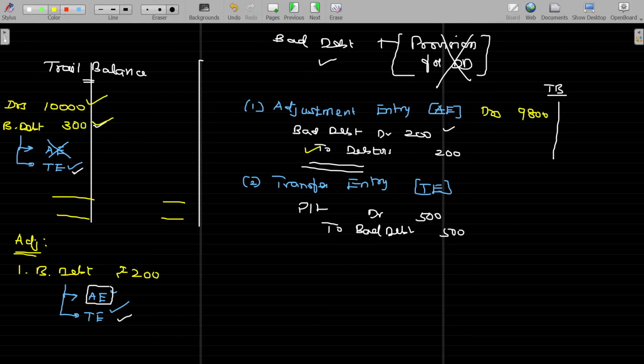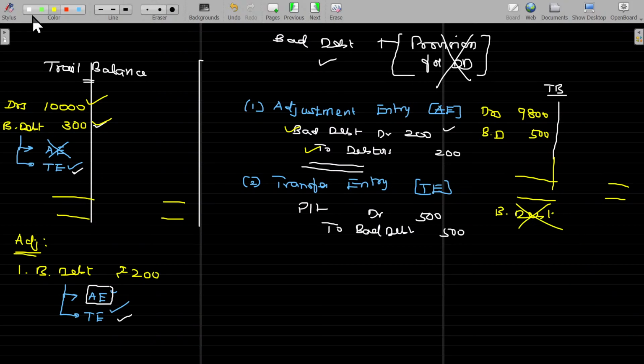And originally bad debt already exists in the trial balance, rupees 300. Because of this adjustment entry, another 200 rupees is also debited. So bad debt is now 500 rupees. This is how the trial balance will appear. So because of this appearance, the adjustment for the bad debt has disappeared, right?